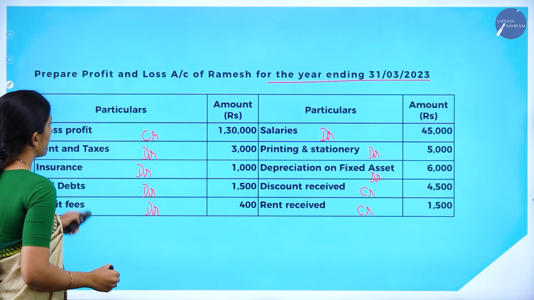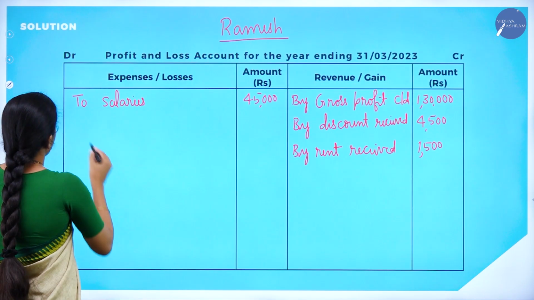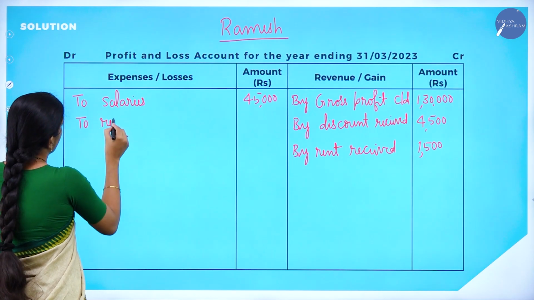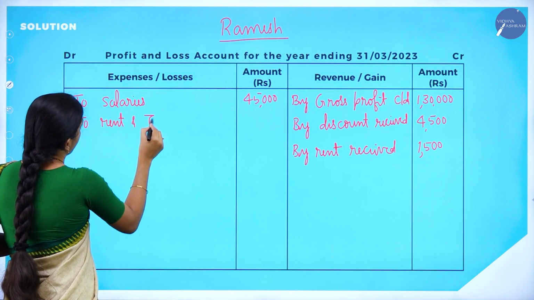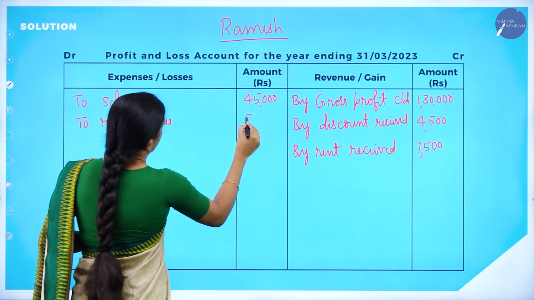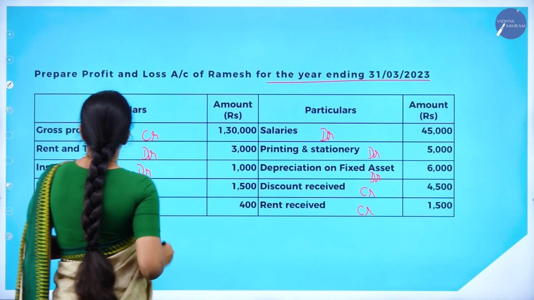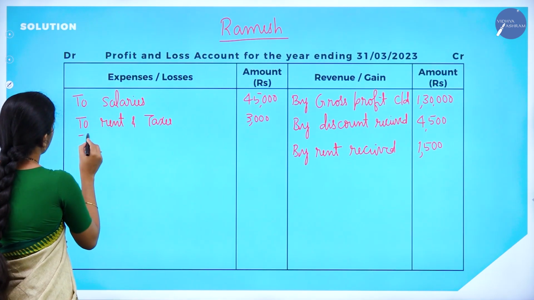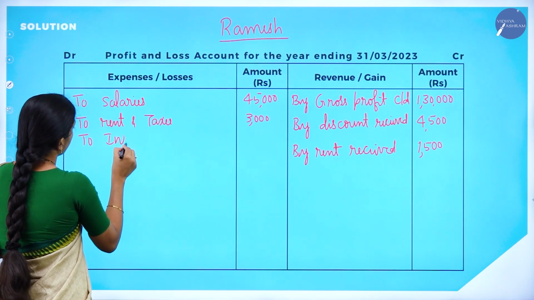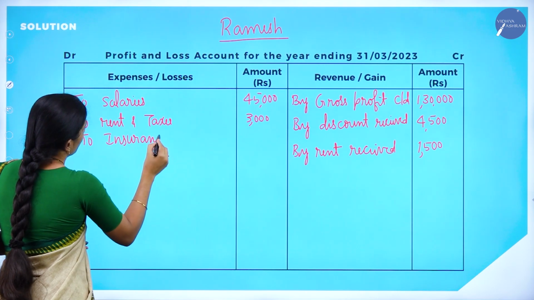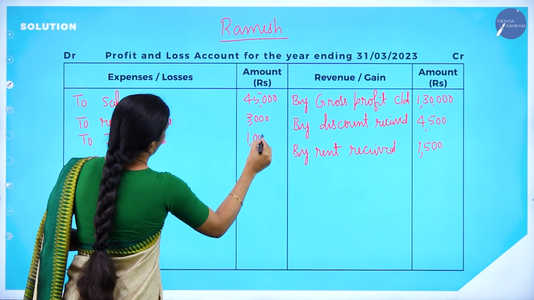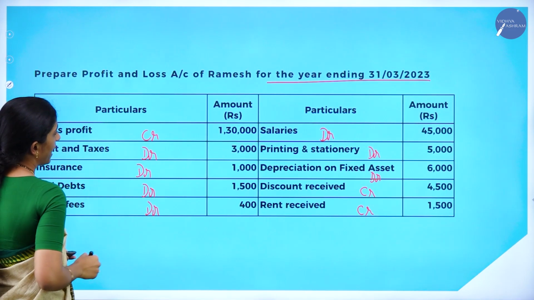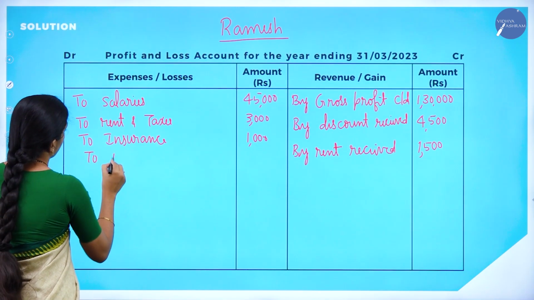Next we shall go in this order. To rent and taxes 3,000. Next we have to insurance, that is 1,000. To bad debts 1,500.